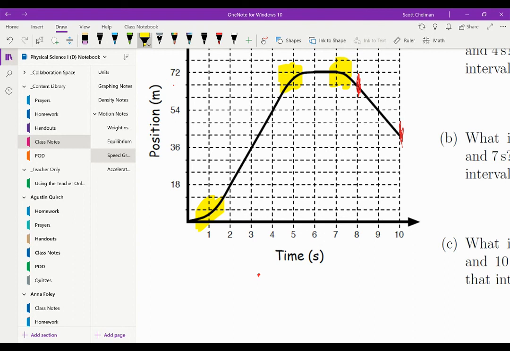And this makes sense because, when somebody is going to stand up and start walking, they don't stand up and they're at top speed right away. They have to get up to speed, right? And then, before they stop, they're going to slow down. And then we'll accelerate in the opposite direction for the third curve there. So those little curves tell you that you have a change in speed.